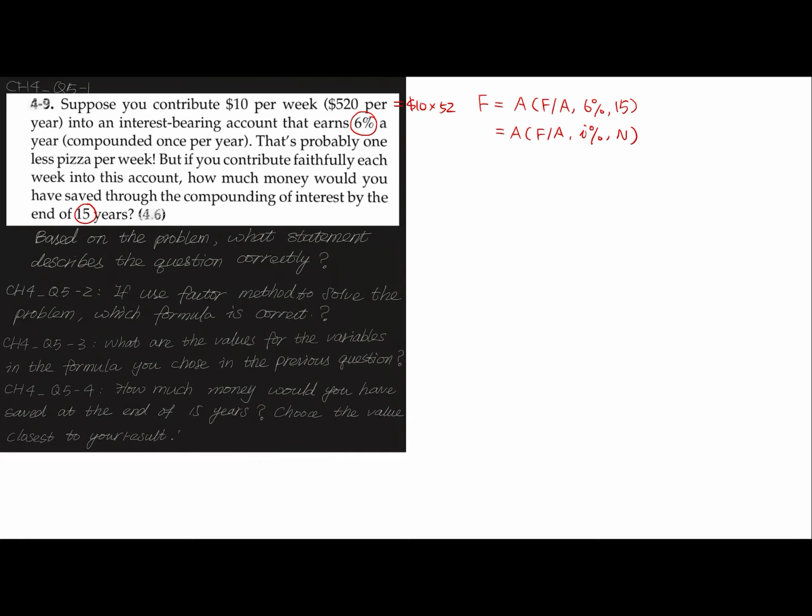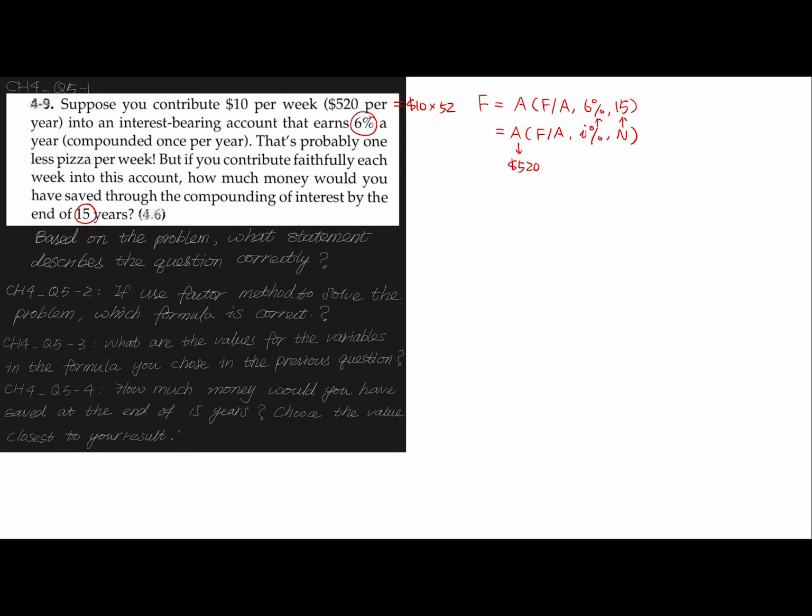Now you want to know what A, i, and N are. Well, i is 6%, N is 15, and A is 520, because we're talking about compounding 6% every year. So your annuity is going to be a yearly annuity of 520.